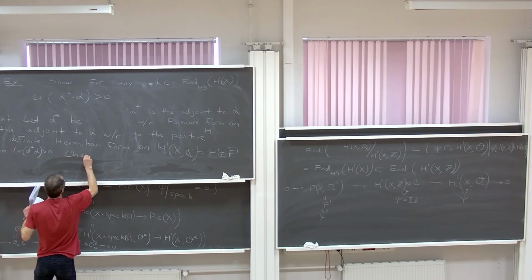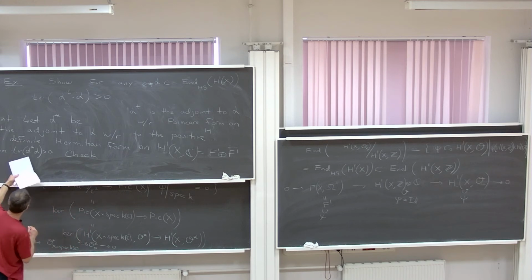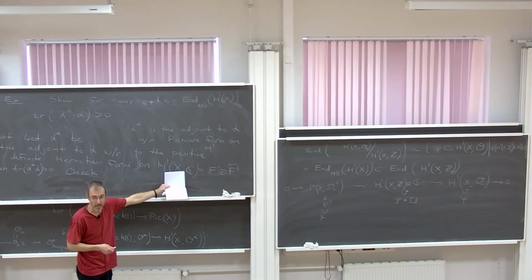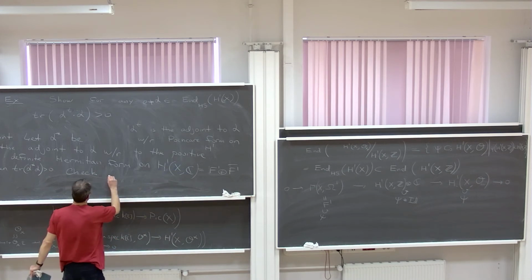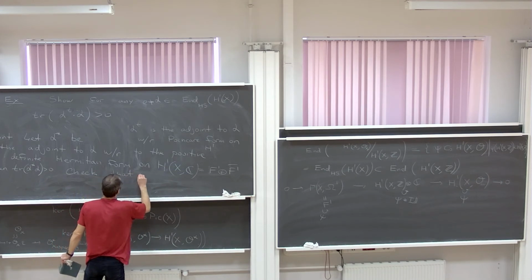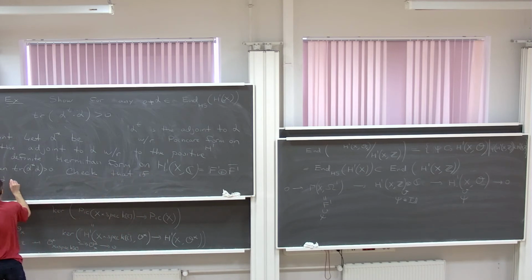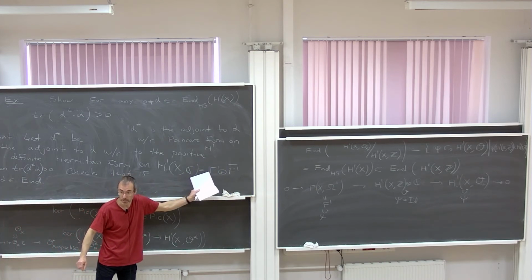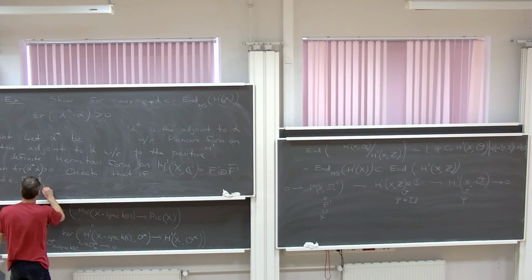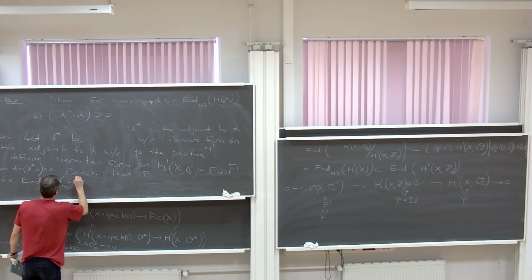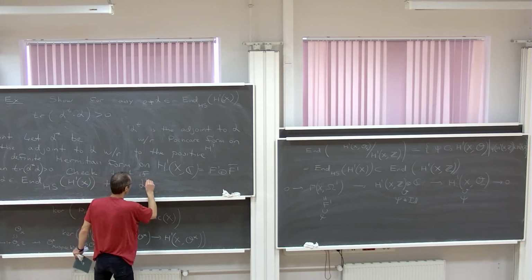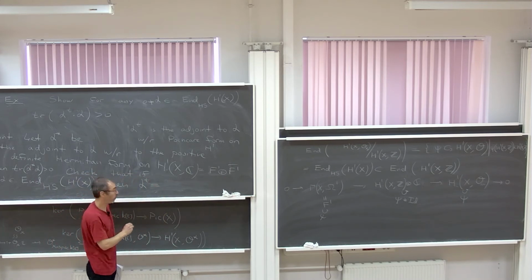Now, here alpha can be any endomorphism of this complex vector space. Now, check that if alpha is an endomorphism of the Hodge structure, that means that it preserves, in particular, this decomposition. Then alpha t is equal to alpha.